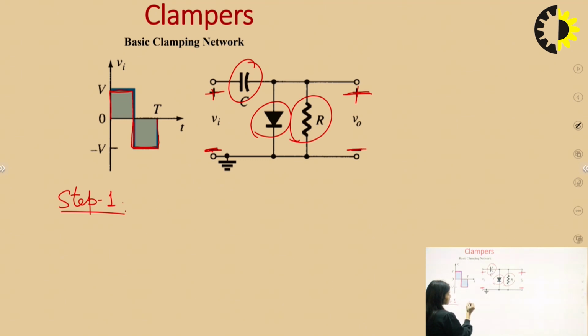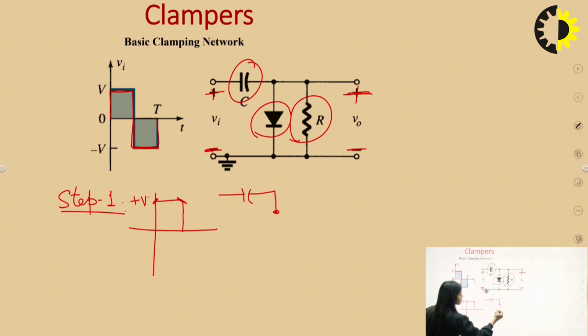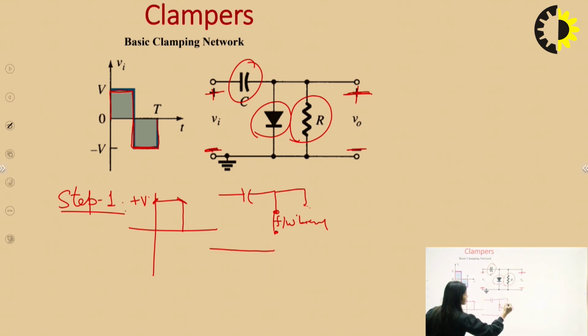So for this particular waveform, where the value is always plus V, the diode is what? The diode is forward biased, right? The diode is forward biased.